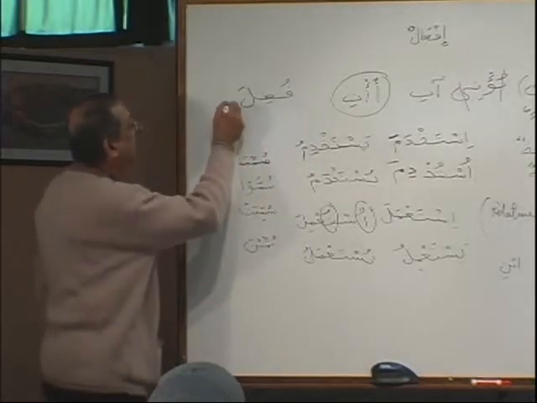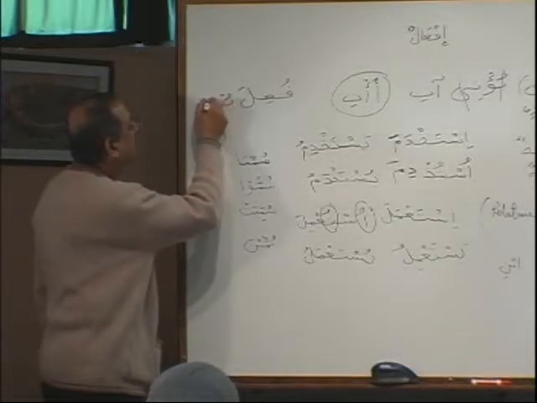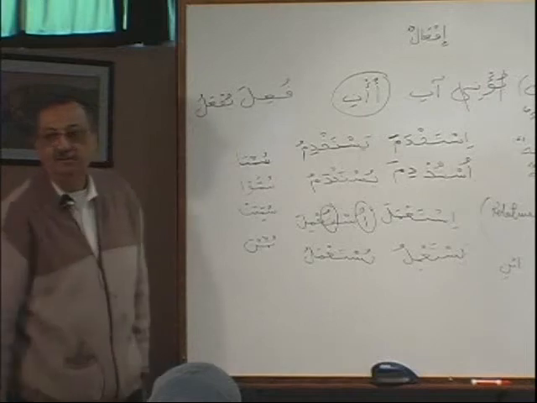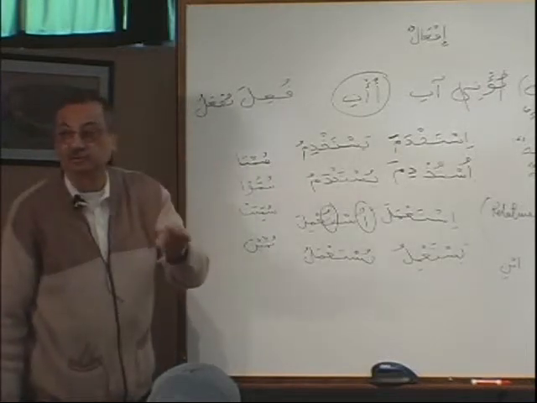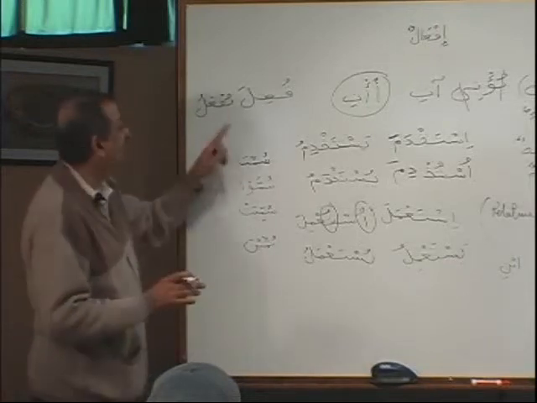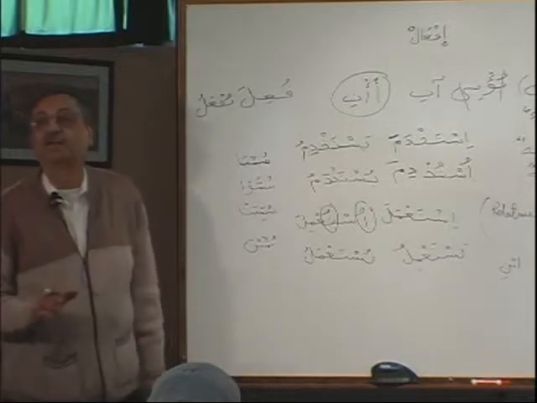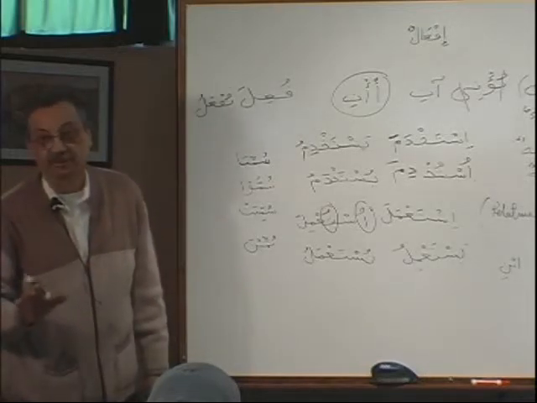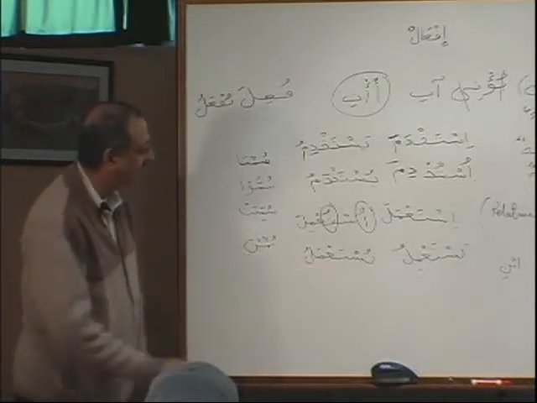Now the mudariya is yaf'alu. Ain kalima got fatha. The first letter, which is alamatu mudariya, got a dhamma. And anything else between ain kalima and first dhamma will get fatha. If it is sukoon, leave it. So look at it, brothers and sisters.